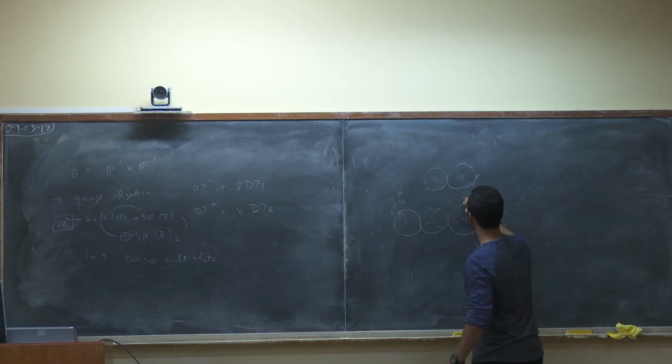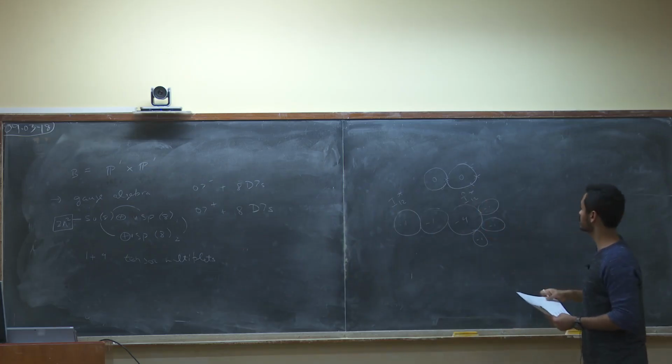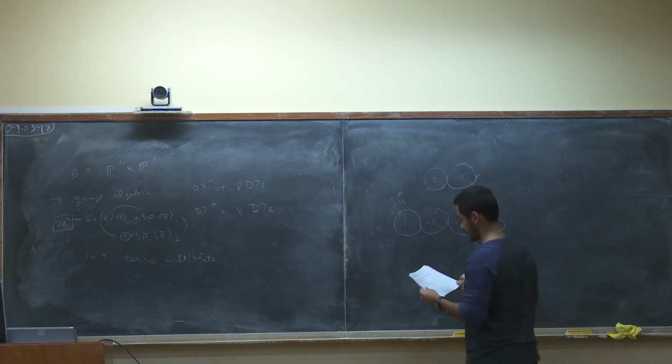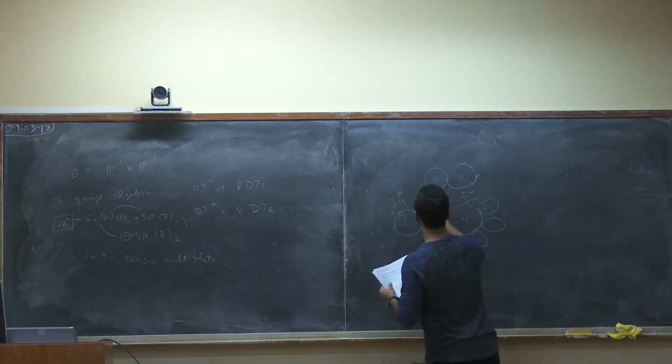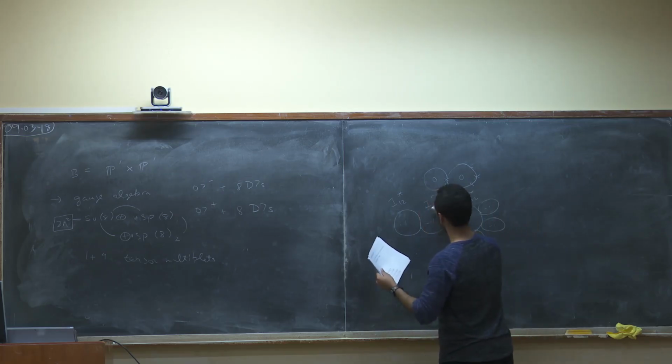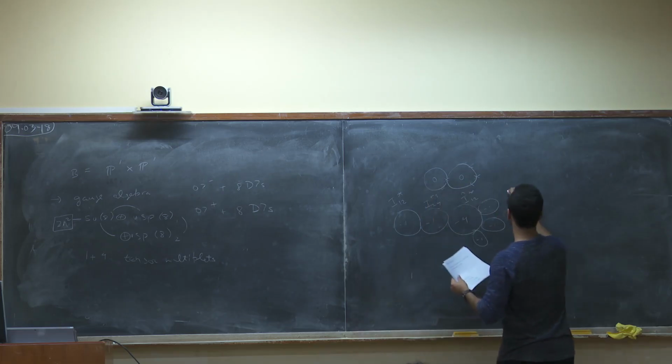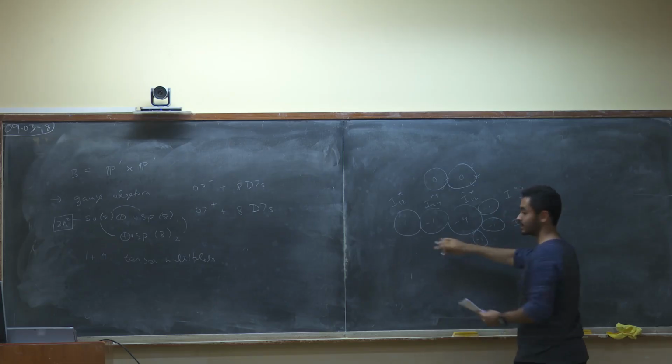On this you had I star 12 hat, this is O7 plus with some number of D7s. In between you obtain some other singularities. There is an algorithm to produce these singularities. This is just the blow up procedure.